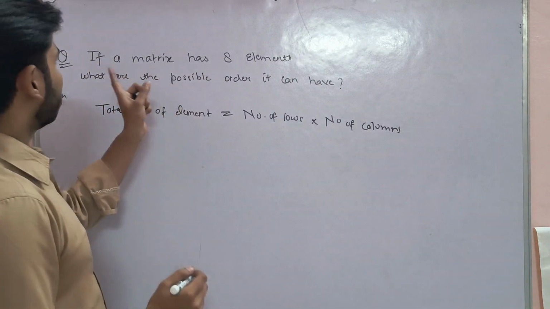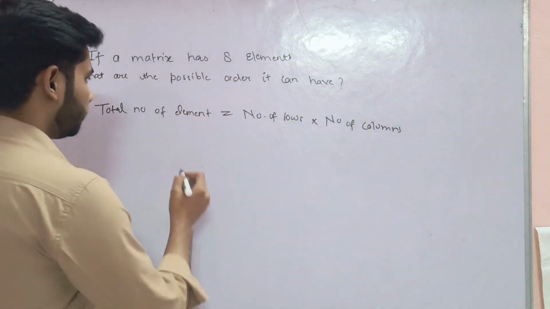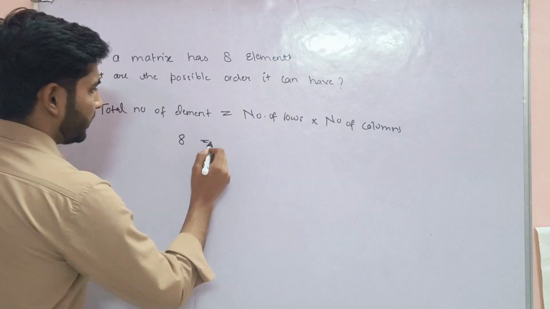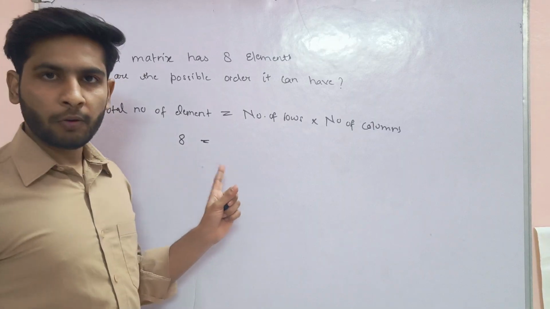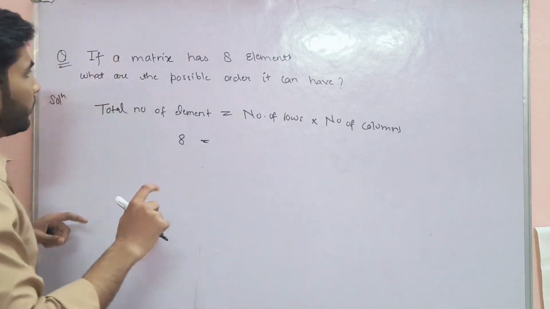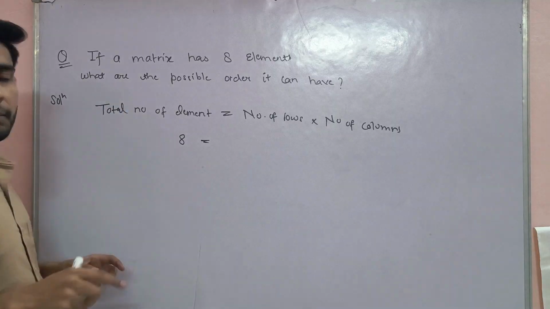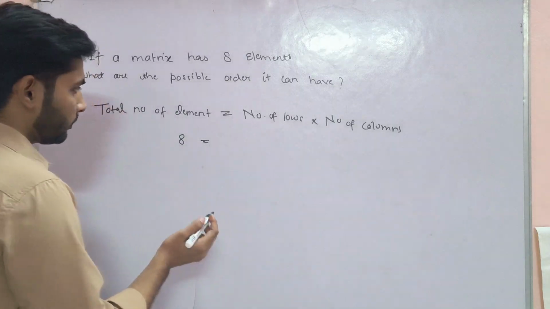So we know we have 8 elements. So we represent this 8 in the form of number of rows and columns. And we comment what are the possible orders it can have.